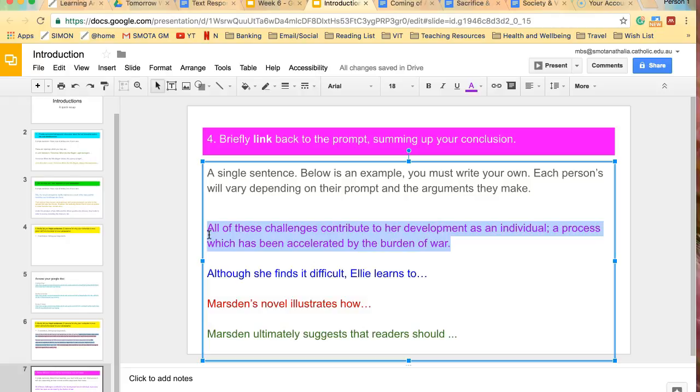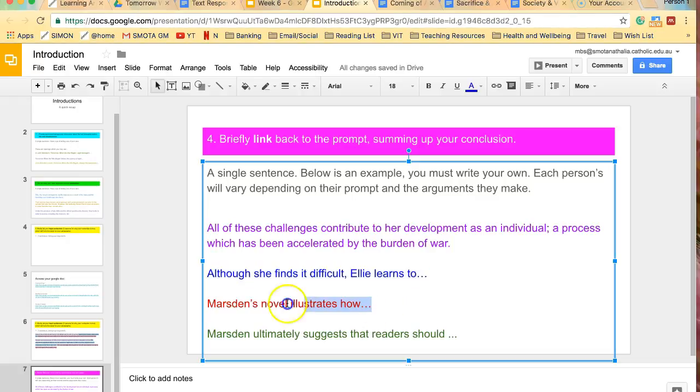Now, a way you could start your topic sentence is any of these ones down here. So we've got, although she finds it difficult, Ellie learns to. Or although the teenagers of Marsden's novel find it difficult, they learn to. And it might be about coming of age.